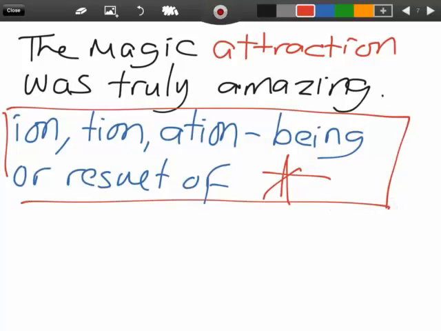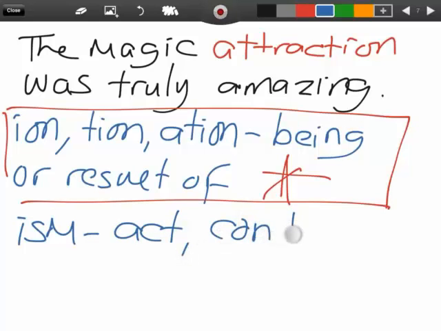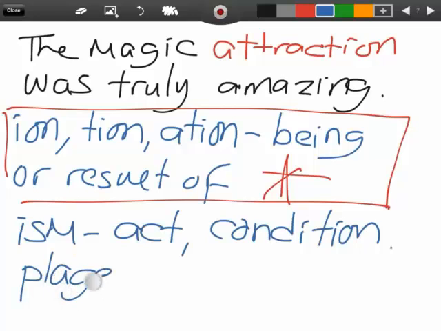Moving on to our next suffix is ism. And ism means act or condition. I'm going to give you an example here. For example, plagiarism. What does plagiarism mean? It means to copy.